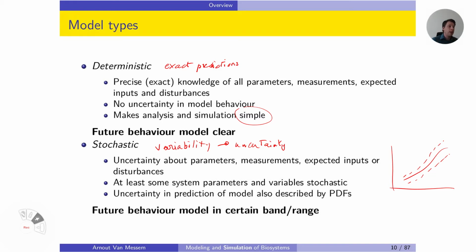So future behavior will be in a certain band, in a certain range. It is not a fixed value, so we are not certain about what the outcome will be, given certain input variables, given certain state variables, but we can make a prediction with a certain confidence interval, a certain confidence band, where 95% of the predictions will lie.